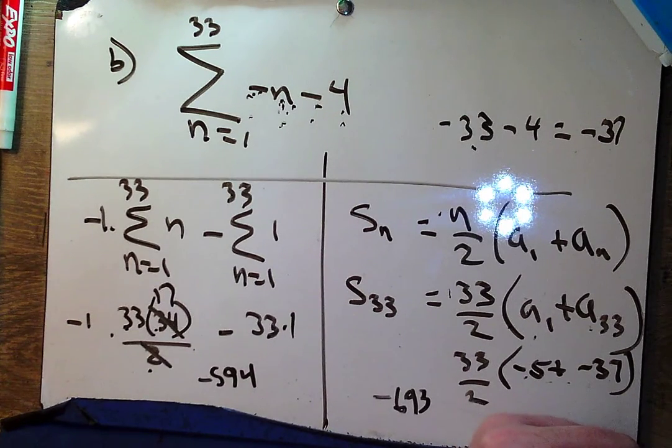Okay. And there. Fill down. Yeah, negative 37. How about a sum? Sum of all these values.